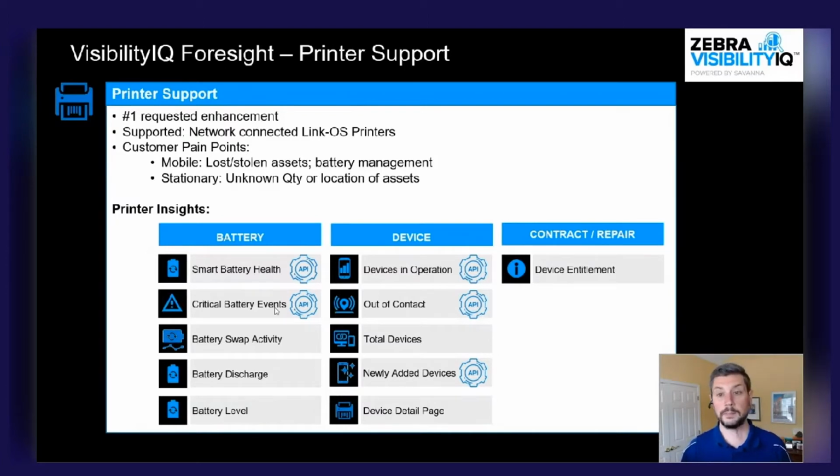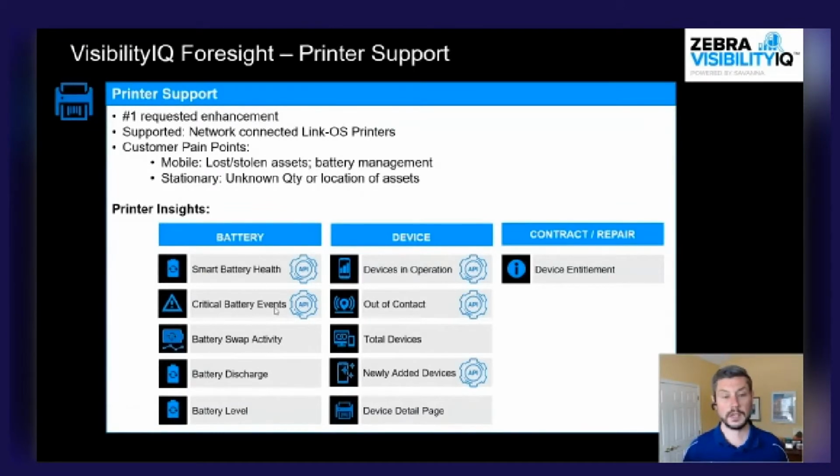But the biggest thing people had actually been asking for in our world had been around printers. And so we, as I said earlier, launched this in January. So we now can support any network connected LinkOS printers. So wired or wireless LAN printers. I do believe it needs to be LinkOS version 4 or higher.